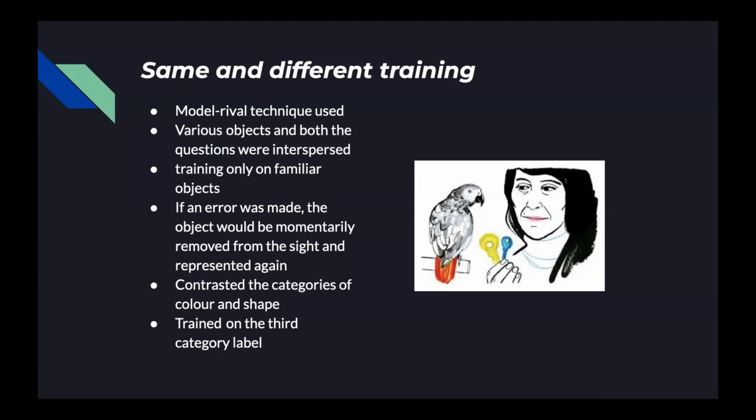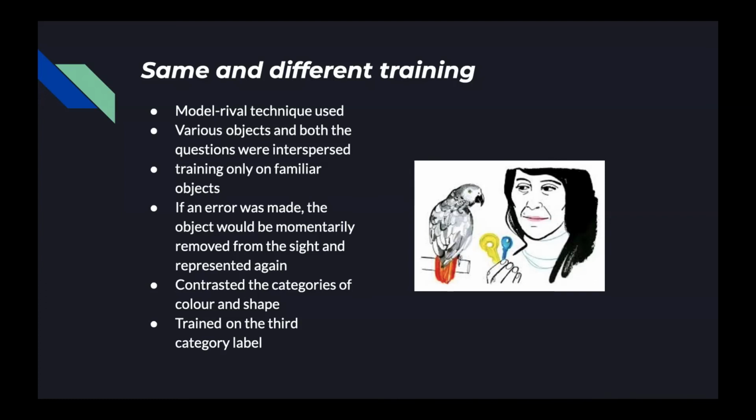The researchers also made sure that if the labels of the categories were asked, this was only limited to color and shape, because for Alex to learn material took a lot of time, right? The label material was not in his label repertoire, and acquiring it in same and different training took a lot of time.